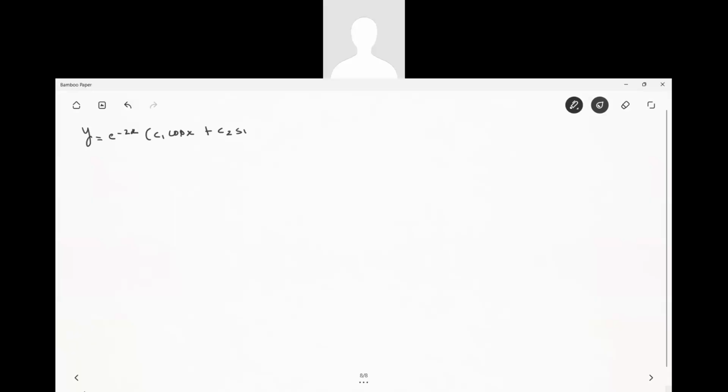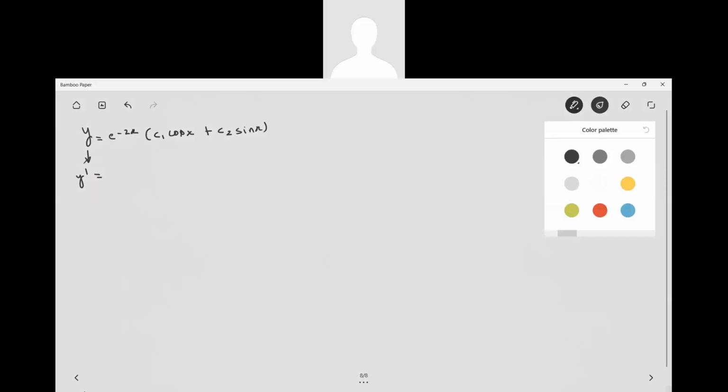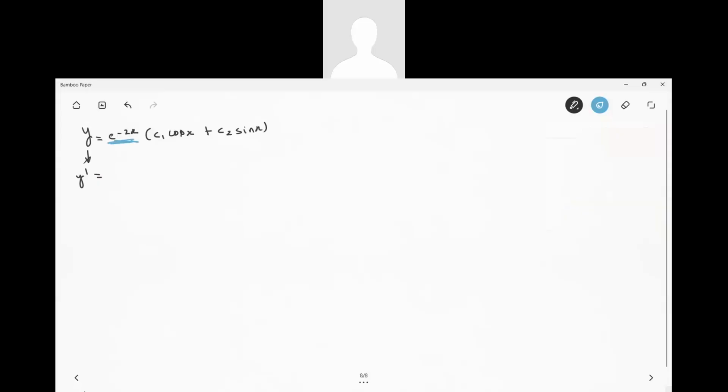So I did differentiation dy by dx and got the y dash value here. How do I do y dash now? An easier way is to take this as u and this as v. Now you do u into dv by dx plus v into du by dx.